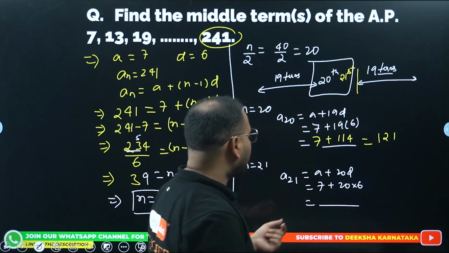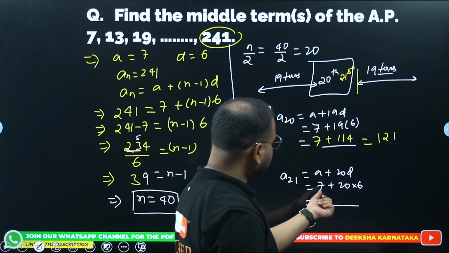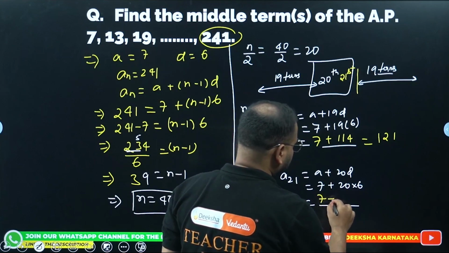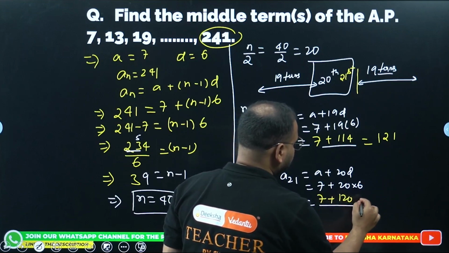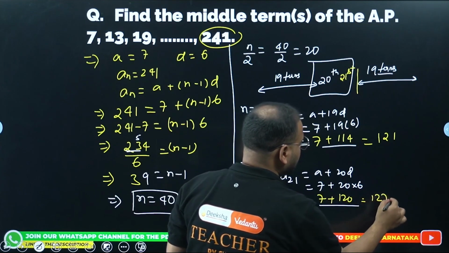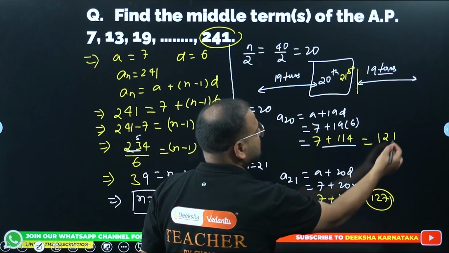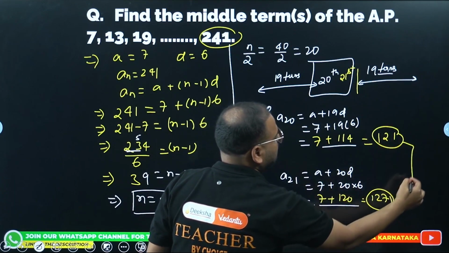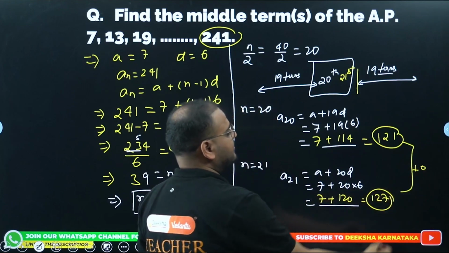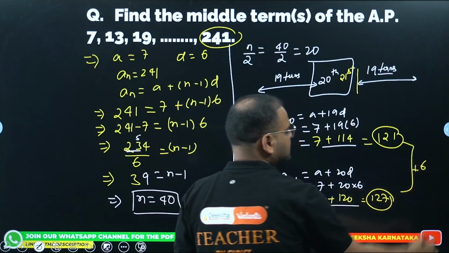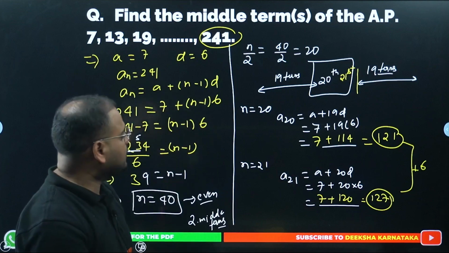Am I right? Over here, what will this be? 7 plus 120, which is nothing but 127. So my 20th term is 121 and this term is 127. Makes sense because the difference is 6 only. Understood? Great.